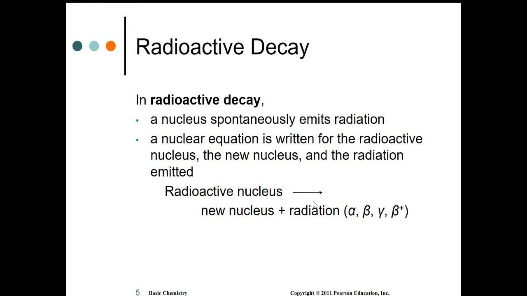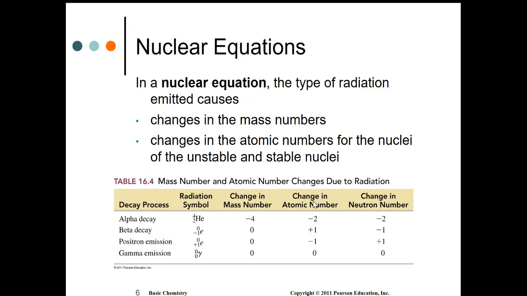A nuclear equation is written for the radioactive nucleus, the new nucleus, and the radiation emitted. You're going to find out later in the samples. I showed you this last time. You have alpha decay, the radiation symbol or nuclear symbol, change in mass number, atomic number, and change in neutron number.